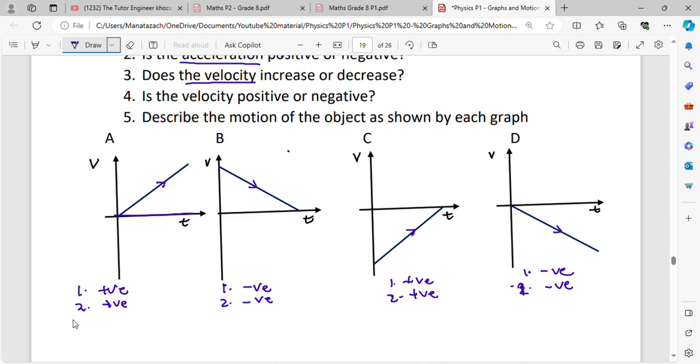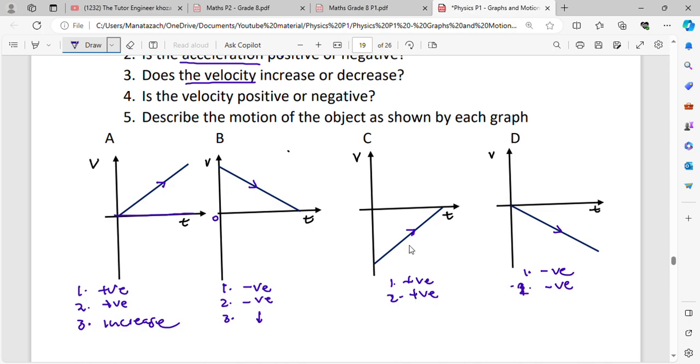So here you'll say increase. And then when the graph moves towards the time axis, then it's moving towards 0, which is here. Then you have the decrease, right? So here you'll say the graph is decreasing.